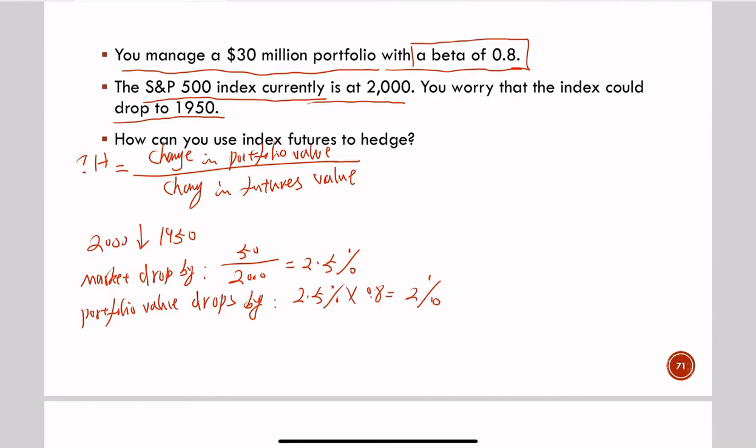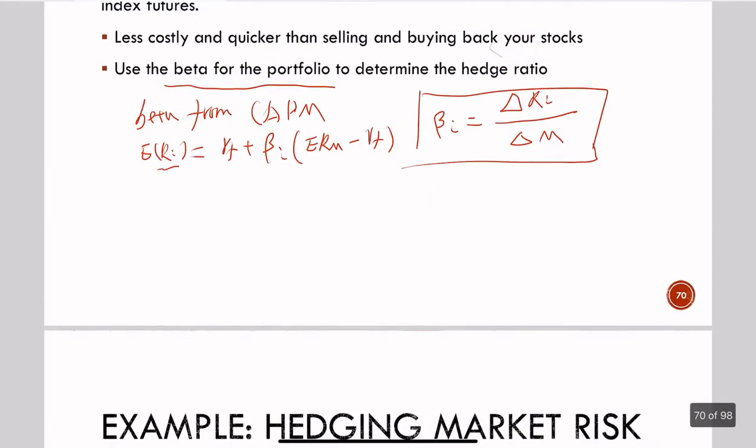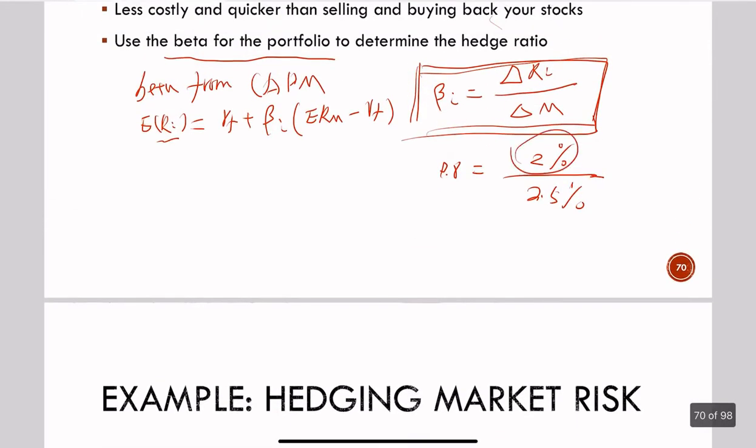So here we are essentially using this formula. If beta is 0.8 and the market drops by 2.5%, then the drop in your portfolio's return would be 2%. So you will get this number here.